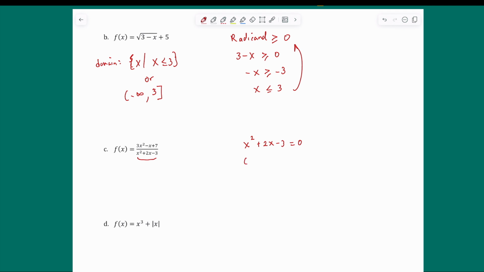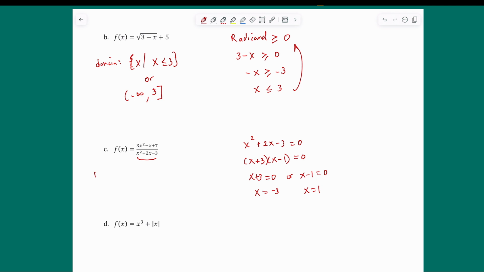So we'll factor this as x plus 3 times x minus 1 and solve that equation. Using the zero factor property, x plus 3 is 0 or x minus 1 is 0. Solving both of these, we have x equal to negative 3 as one solution and x equal to 1 as the other solution. So these are the bad values, the values we want to exclude, which make the denominator 0.